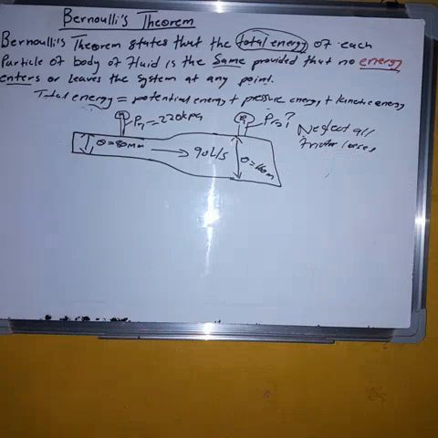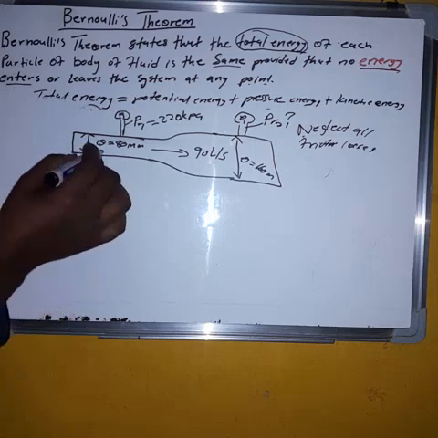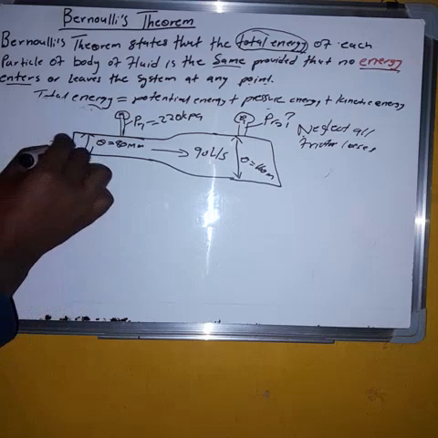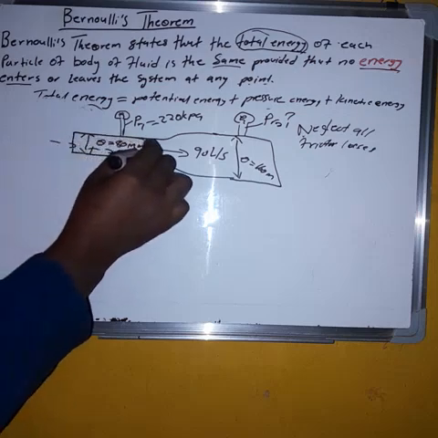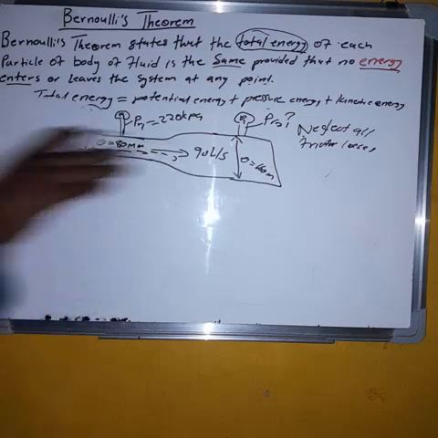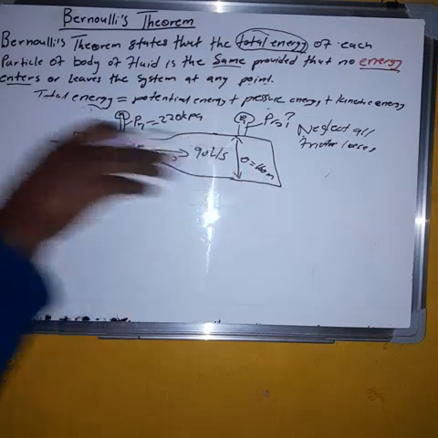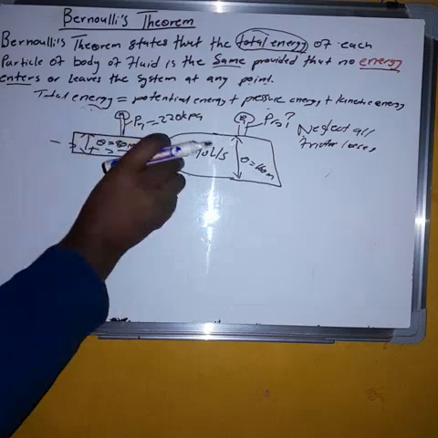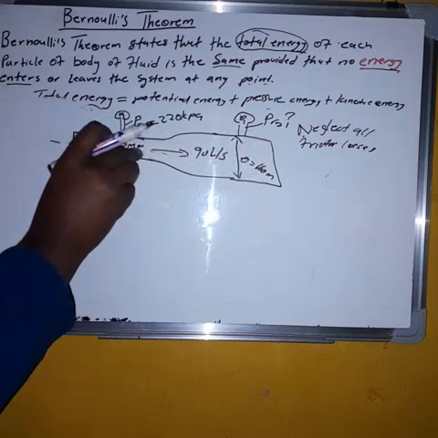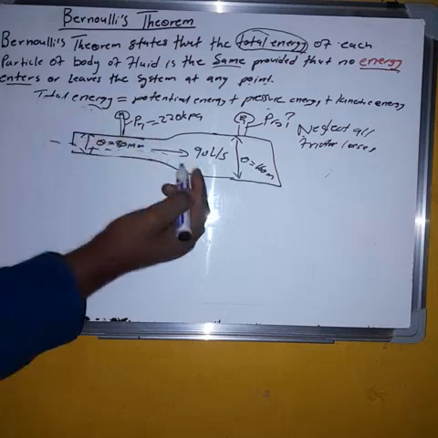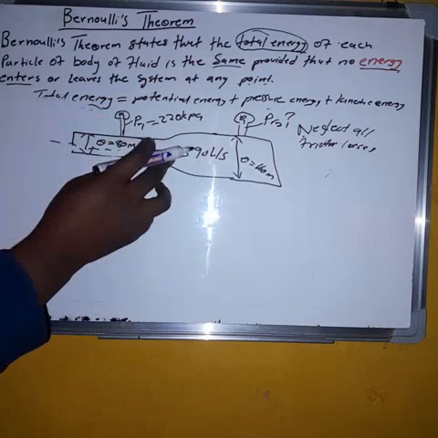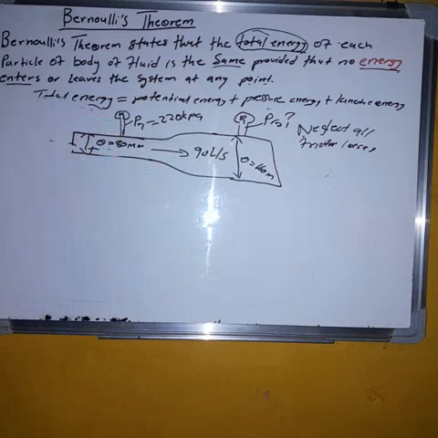Water is flowing at 90 liters per second, which means Q will be the same throughout. The discharge, the rate of flow, will be the same throughout.